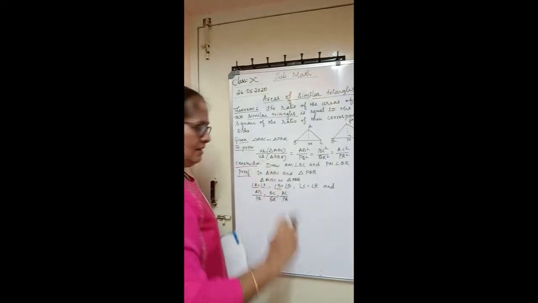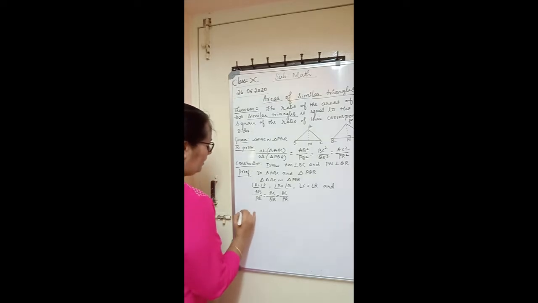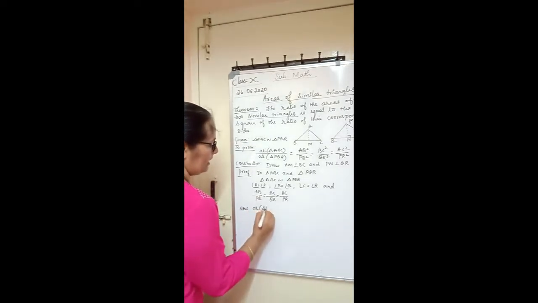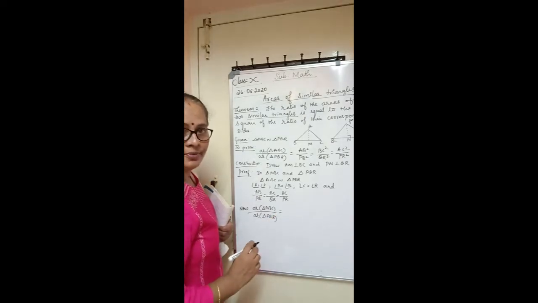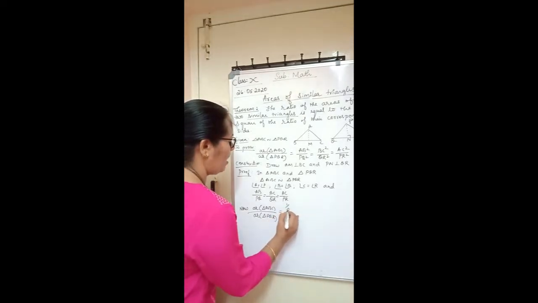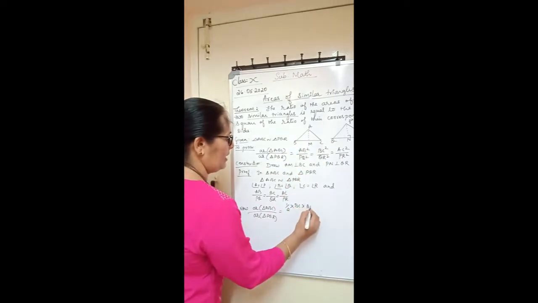The next one, we will take the ratio of the areas of the triangles. Now take the ratio of the area of triangle ABC divided by area of triangle PQR. You know that area of the triangle is half into base into height. So half into BC, the base, and height is AM.